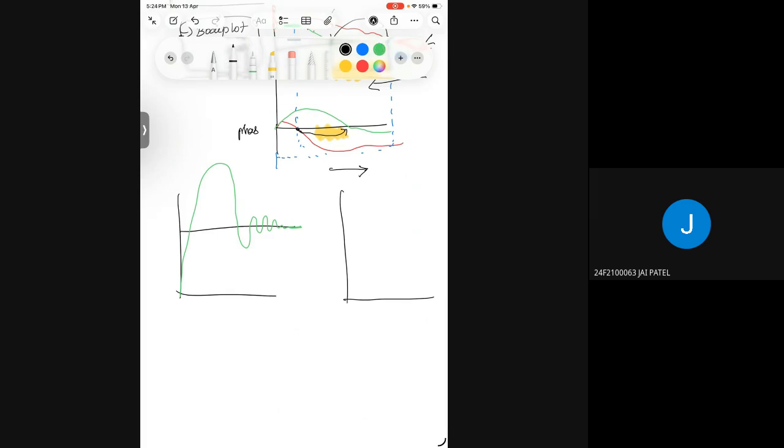In some types of systems, the overshoot or the settling time will be slow, but it will have some steady state error. So here the transient response is the issue. We have to fix this transient response. Here we have to fix the steady state response.